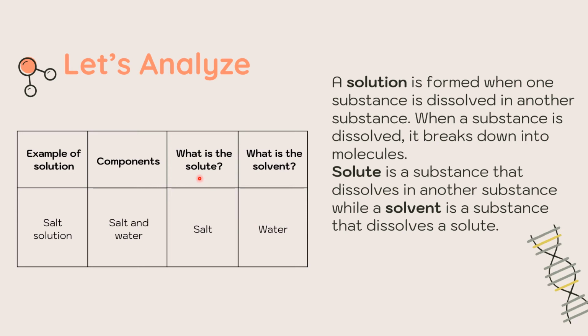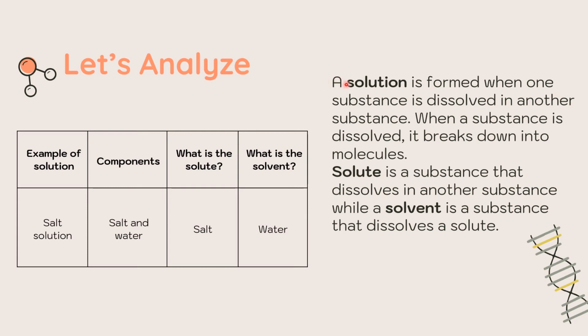So how are we going to define solution, solute, and solvent? We have here an explanation of what is a solution. A solution is formed when one substance is dissolved in another substance. When a substance is dissolved, it breaks down into molecules.